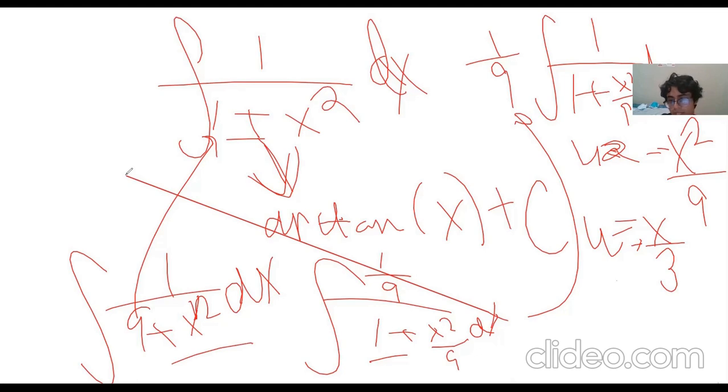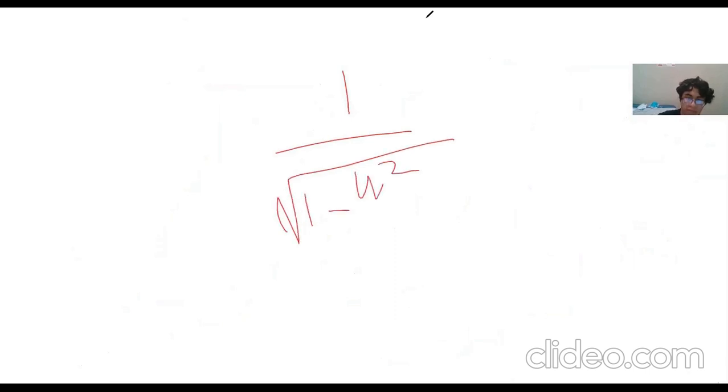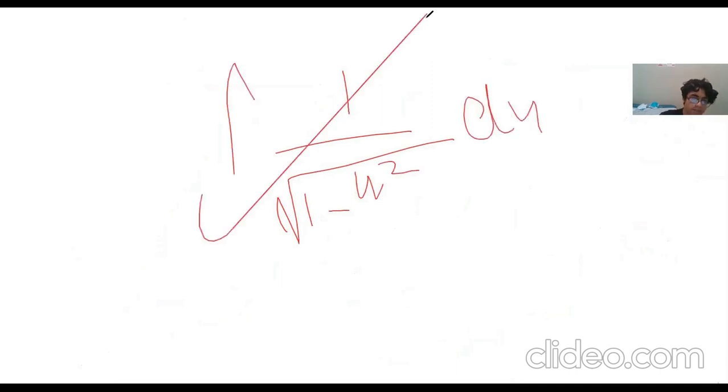Okay, so then you use your u, and then you do u sub, and I don't want to work all that out, but those are the very important steps you should remember there. Also, this should look familiar. Arcsine, right? Okay.